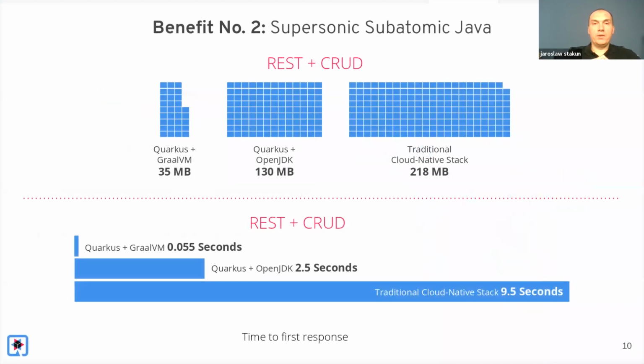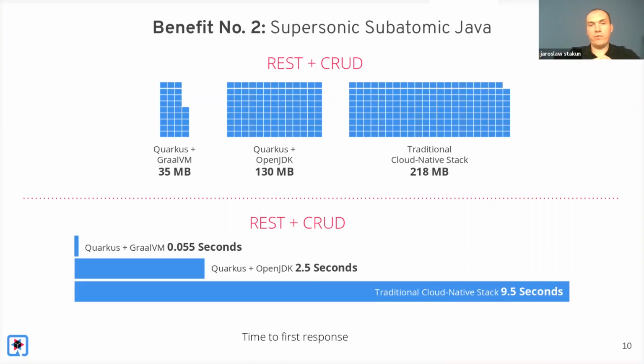The other benefit is that Quarkus is called supersonic and subatomic Java. Supersonic means that you can start your Quarkus application super fast compared to the traditional Java stack, as you can see here in the picture.